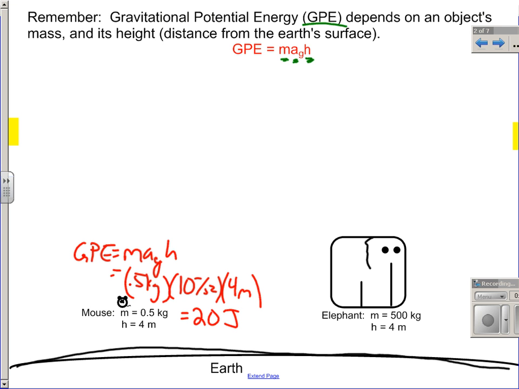So how could we give the mouse more gravitational potential energy? Well, remember, GPE depends on mass and height. So there are two ways you could give the mouse more gravitational potential energy. One option is to give him more mass.